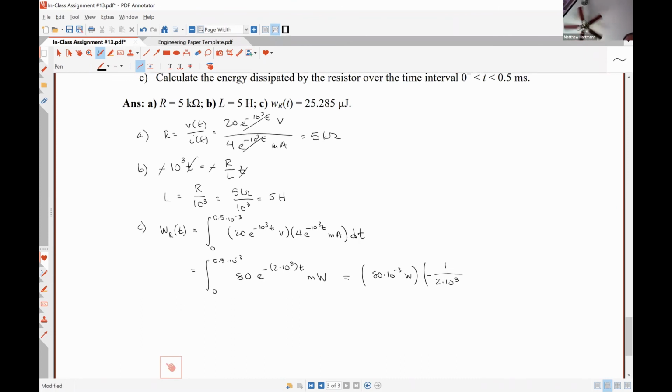Right, okay. And this has units of per second. Then I'm going to have e to the minus 2 times 10 to the 3rd t evaluated at 0 and 0.5 times 10 to the minus 3.